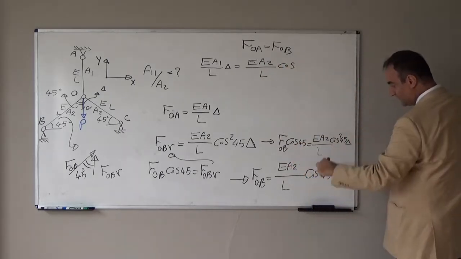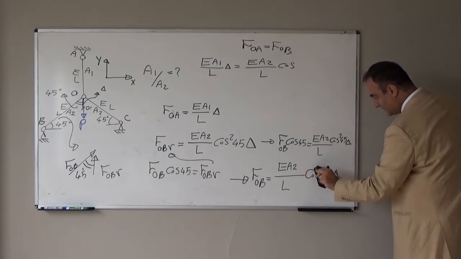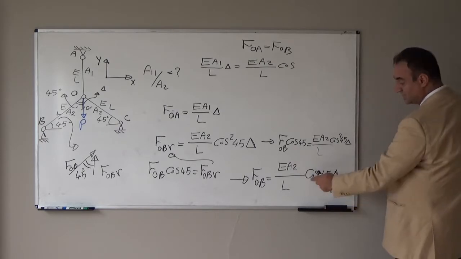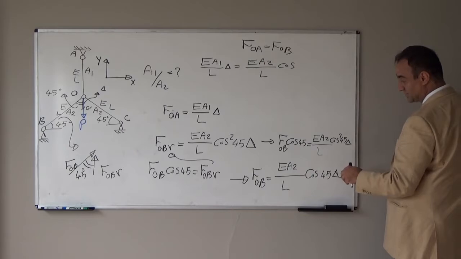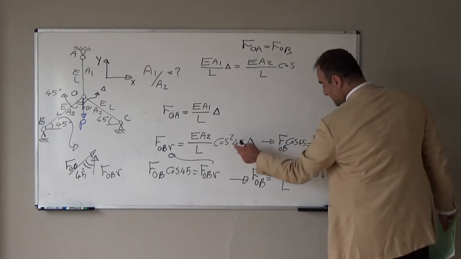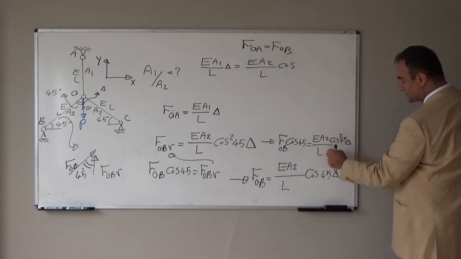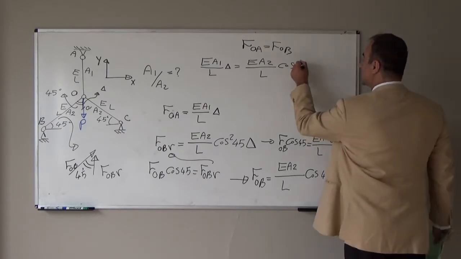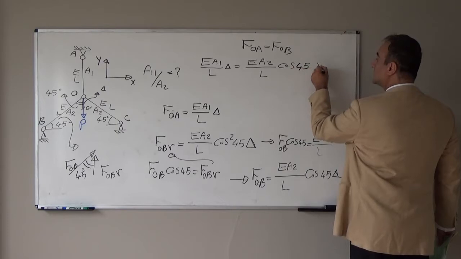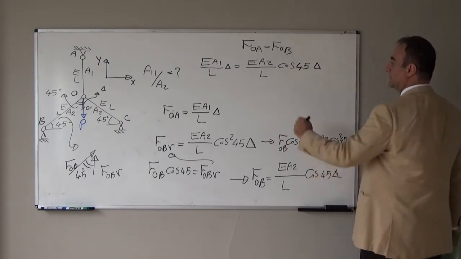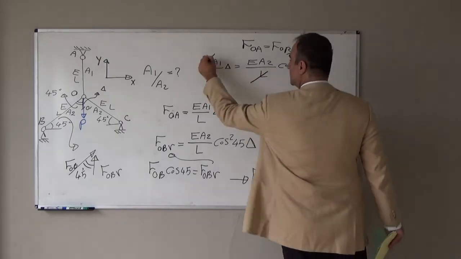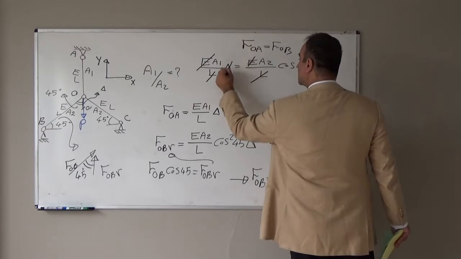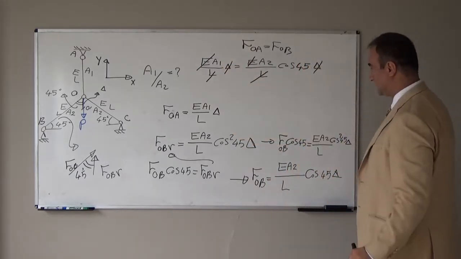This cosine 45 and this cosine 45 will cancel each other, so this will be cosine 45, not cosine square. Initially it was cosine square, but this cosine 45 and this cosine 45 will cancel, so this is cosine 45. Cosine 45 degree times delta L, delta L, they will cancel each other.